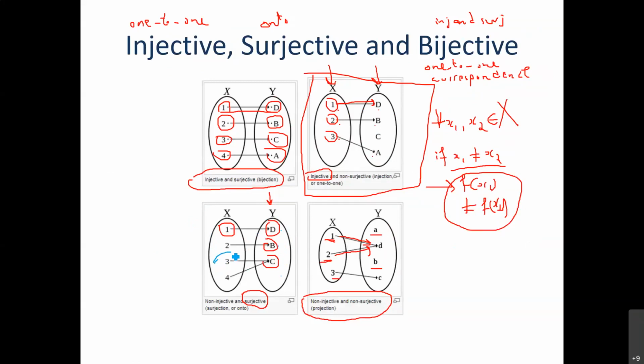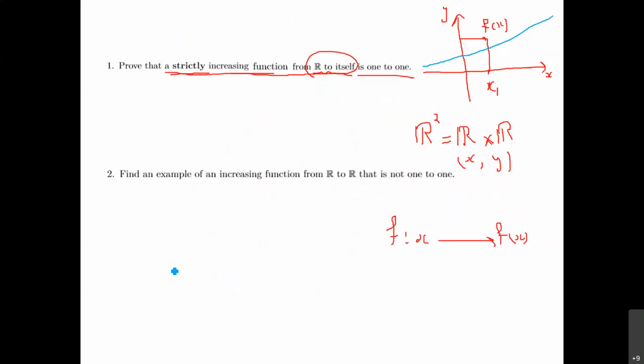The fact that both 3 and 4 point to C simply means that this is not injective. But we only care that it is surjective in this case. Sorry, I missed that question.